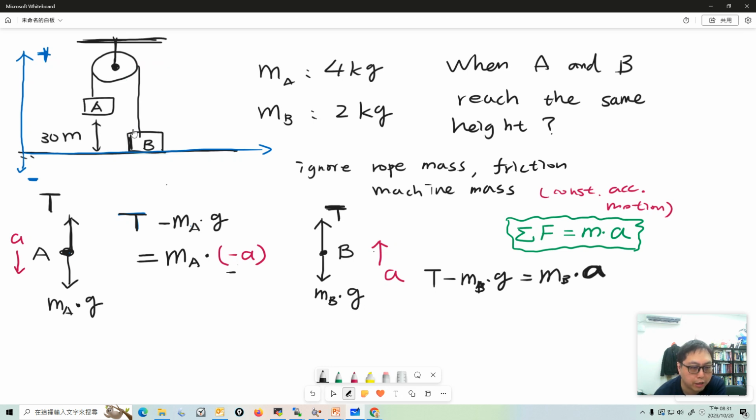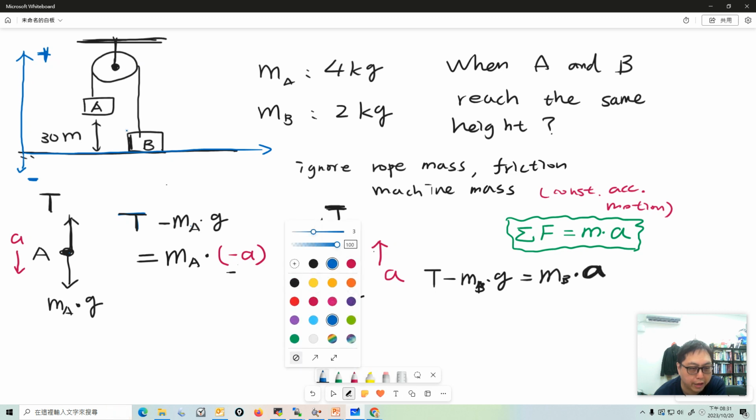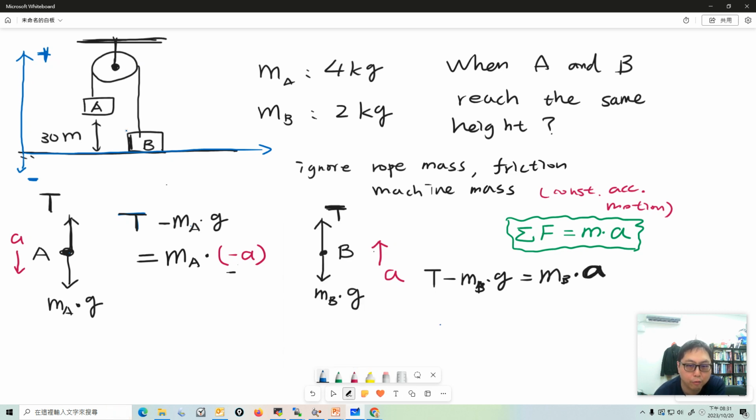We have to write down the equation of motion. I mostly favor x_f equals x_i plus v_i t plus 1/2 a t squared.